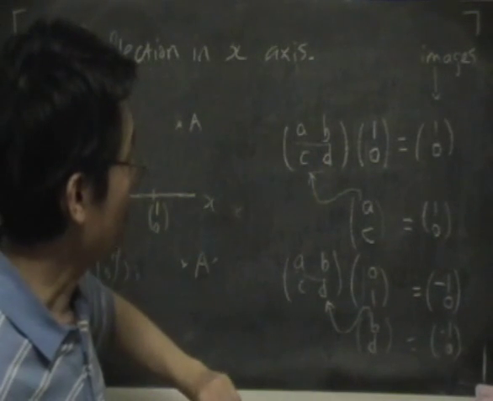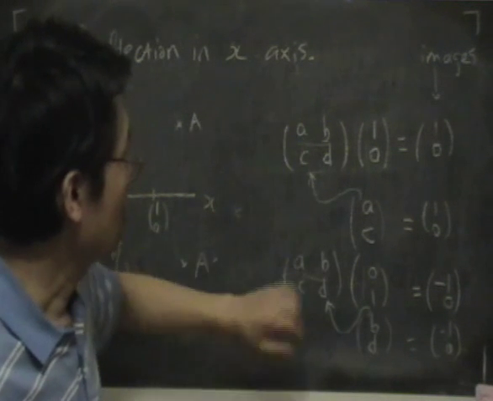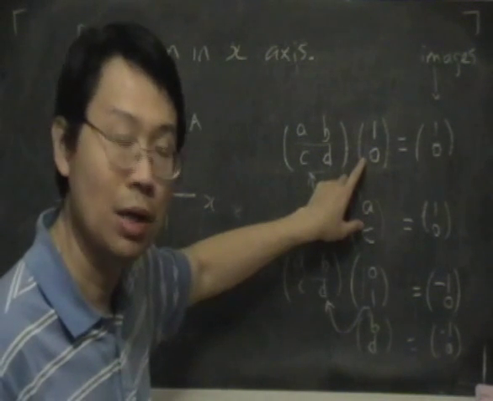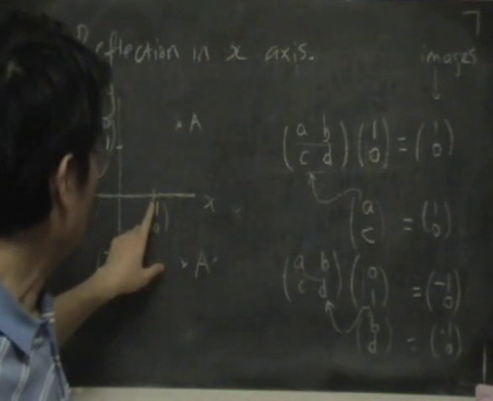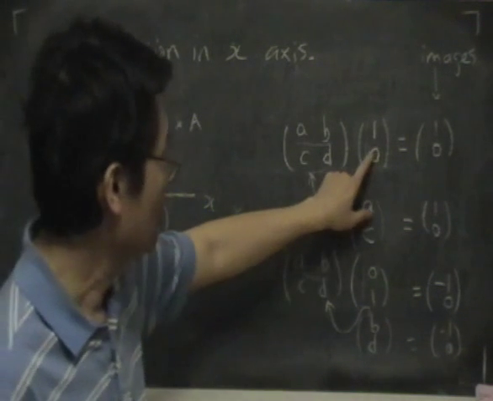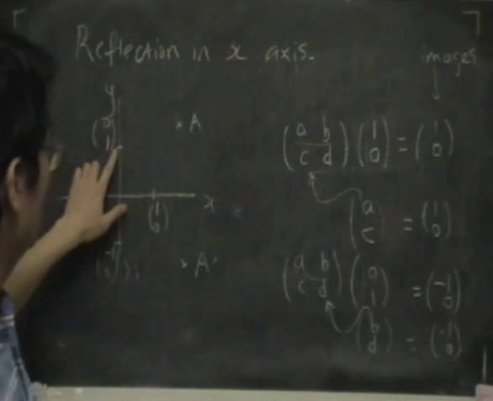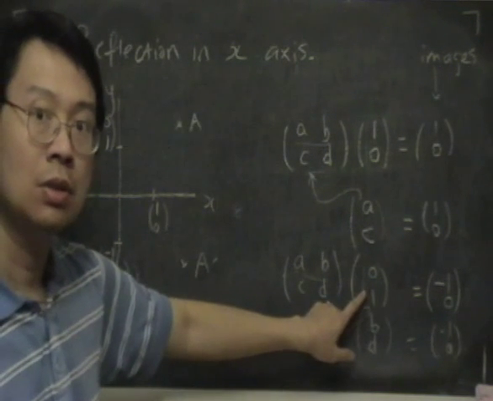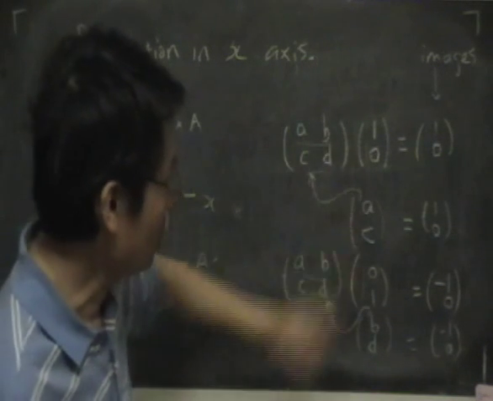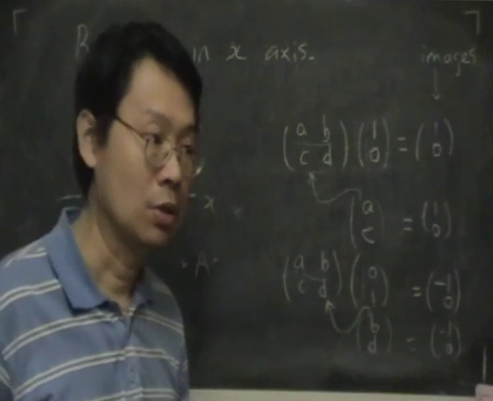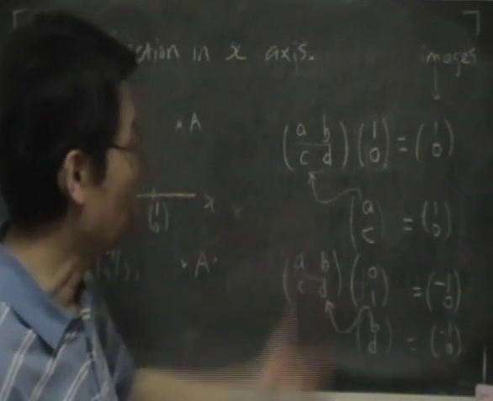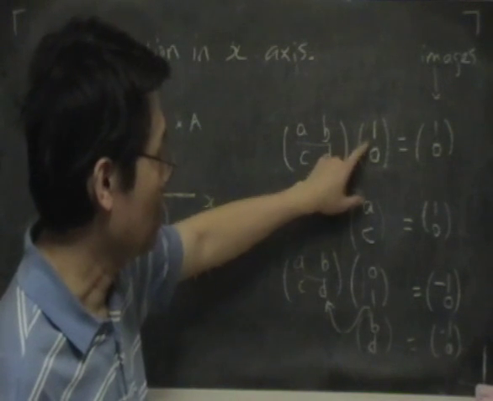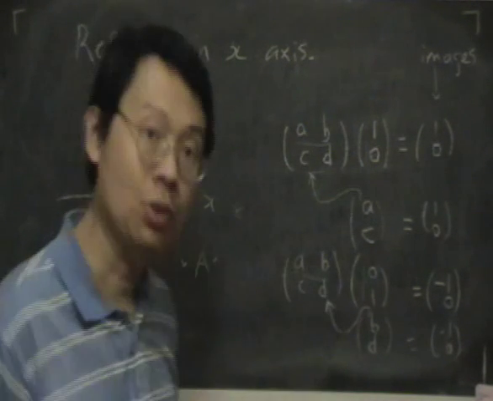But on the left side, all I've done is I've taken an unknown matrix A, B, C, D, and I've multiplied it by the position of this point here, or the position of that point here. So the left side of the equation is the same regardless of the transformation. I would always have to multiply some matrix by either that point or that point.